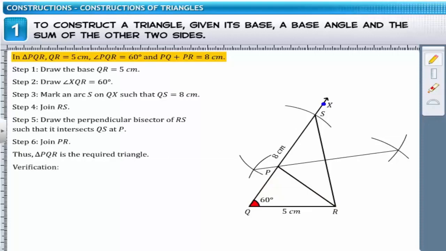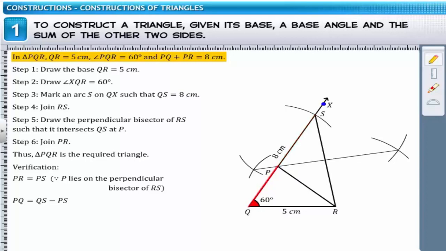Now, let's verify if the triangle obtained is the required triangle. In the figure, side PR is equal to side PS, since any point on the perpendicular bisector is equidistant from the endpoints of the line segment. Now, PQ is equal to QS minus PS.